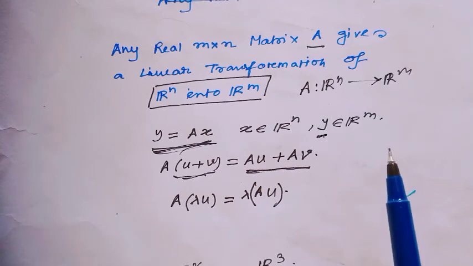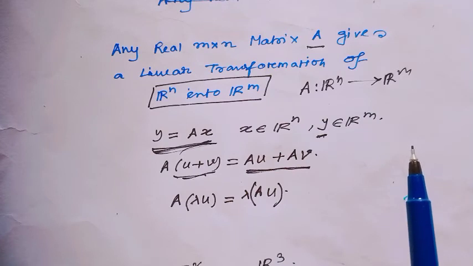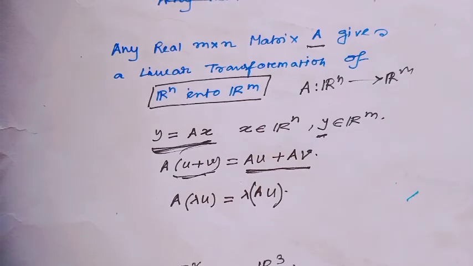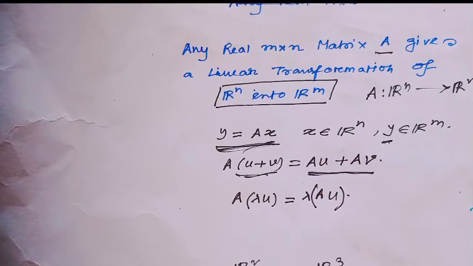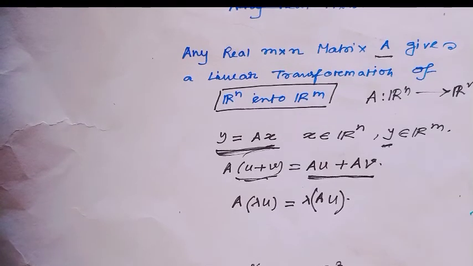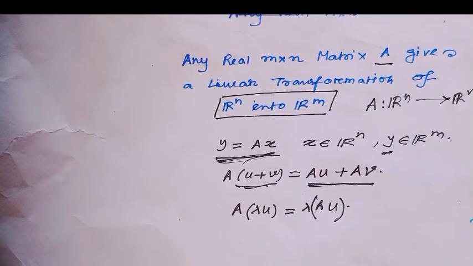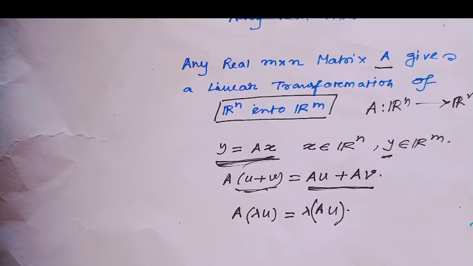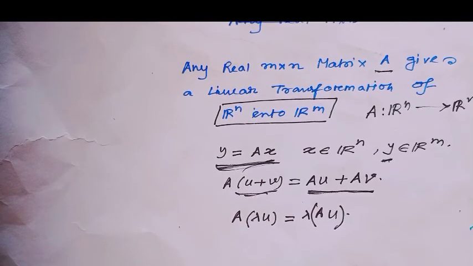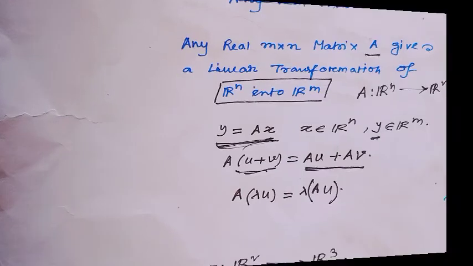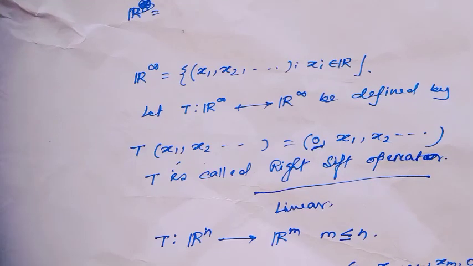When I create a linear transformation for a finite dimensional vector space, then I will always get one matrix A. And till now, all the examples I have picked to prove linear transformation are finite dimensional. So for all these transformations, I will get one nice matrix. Now we will see one infinite dimensional linear transformation.